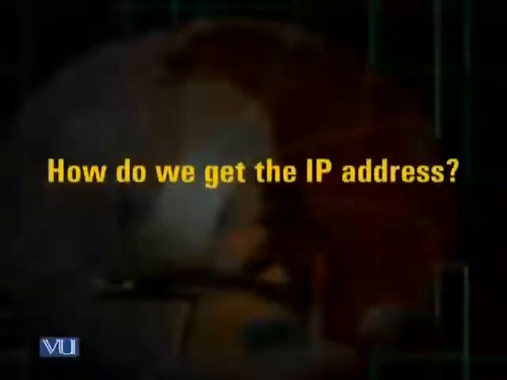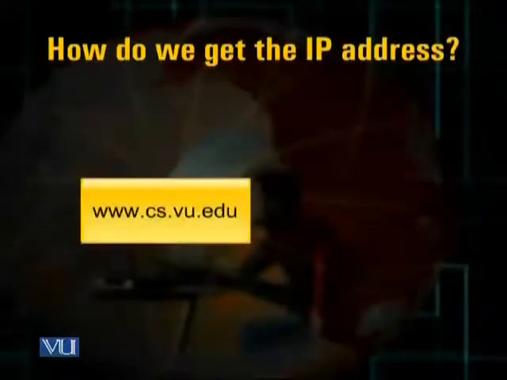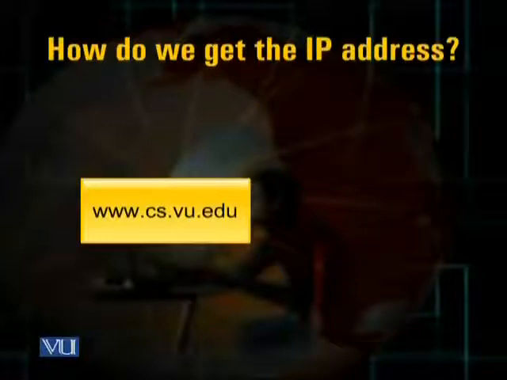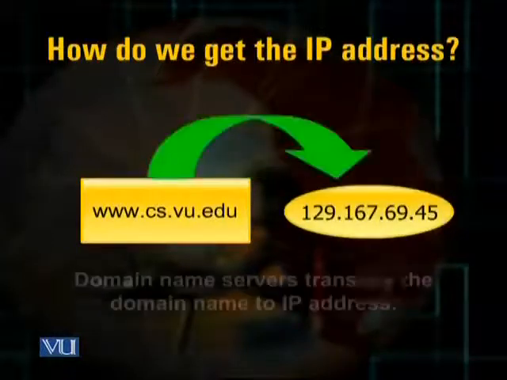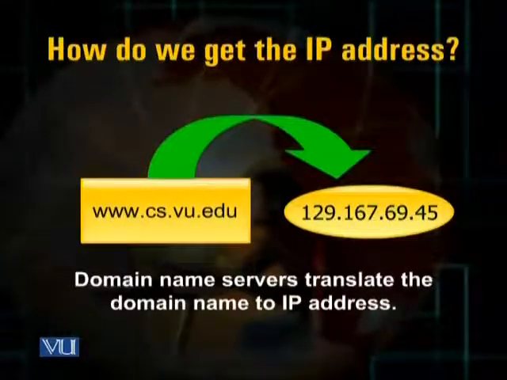As you can see in the slide before you, there is a domain name. We can also say a fully qualified domain name or a simple domain name. This is www.cs.vu.edu, and through the domain name scheme, this domain name gets translated or resolved into the corresponding IP address. You can see the IP address 129.167.69.47.